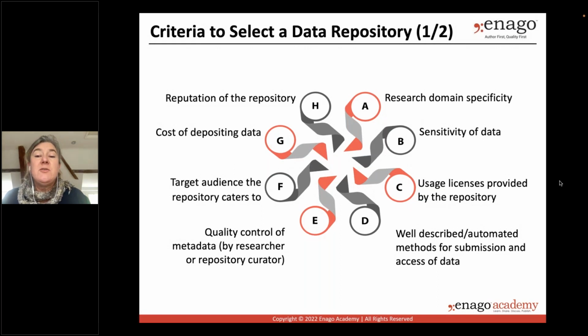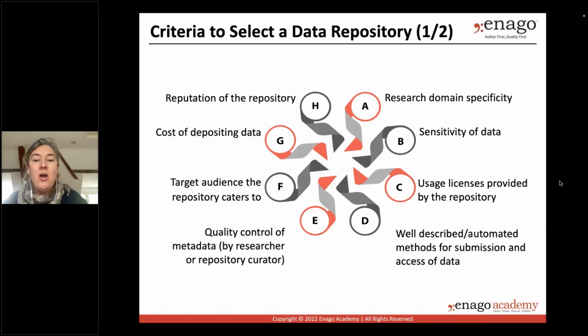Repositories will operate according to different licenses for the data sets. Some will just accept whatever license you wish to impose as you send it through. Others will actually have their own set of standard licenses, and they won't deviate from that. So again, you need to be checking these things.